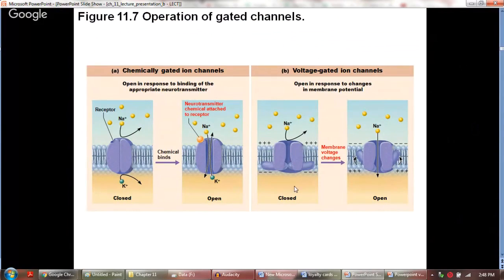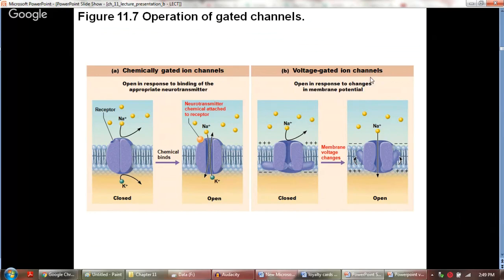So in these figures, it shows the chemically gated ion channel and the voltage-gated ion channels. For instance, as we discussed, the chemically gated ion channel is depicted here. It's closed in the first figure. When a neurotransmitter or chemical binds to its receptor, the ion channel opens up.